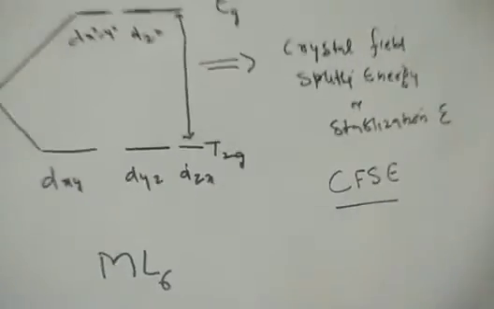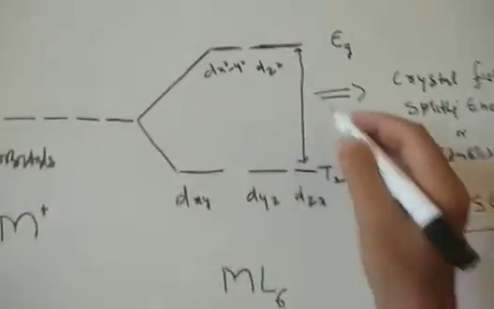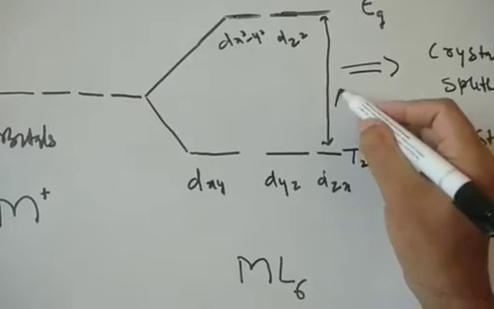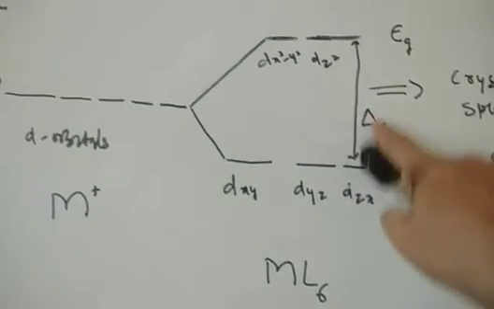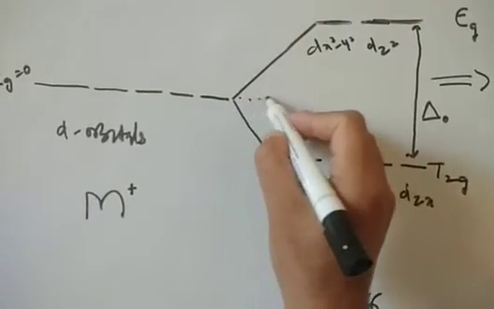In an octahedral complex it is designated by delta O, where O stands for octahedral.